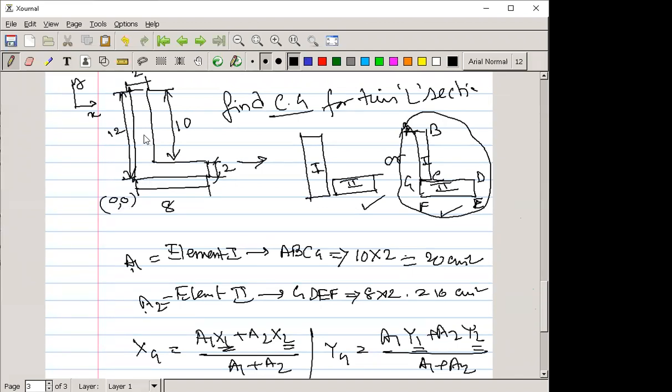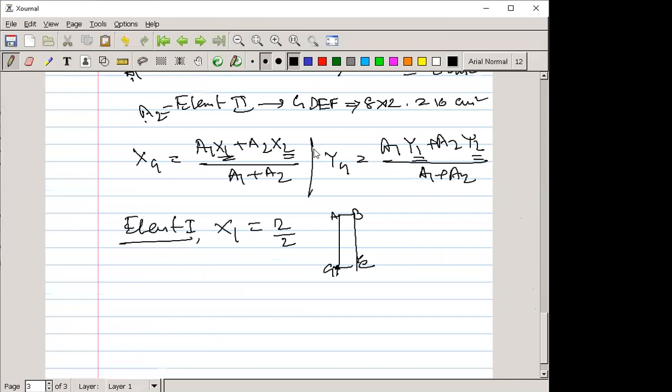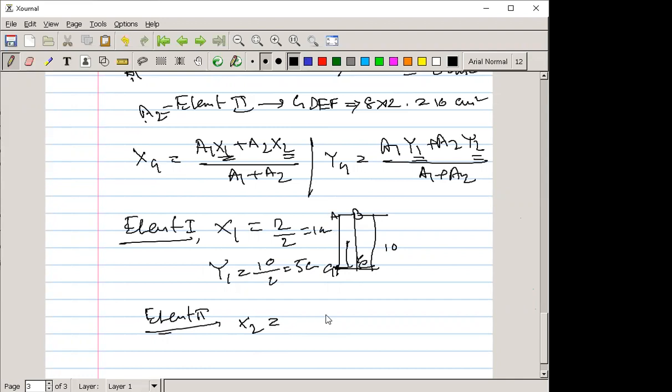So from here it starts. If this is your middle one, then this is 2 divided by 2, and along y, y1 is how much? Total is 10, so 10 by 2, that is 5. Similarly for element 2, x2, how much is it?